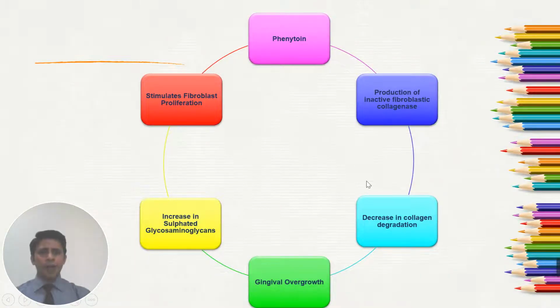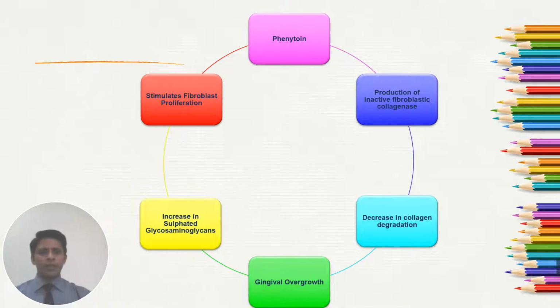The mechanism of action of phenytoin: it stimulates fibroblast proliferation, which leads to an increase in sulfated glycosaminoglycans, which leads to gingival overgrowth.